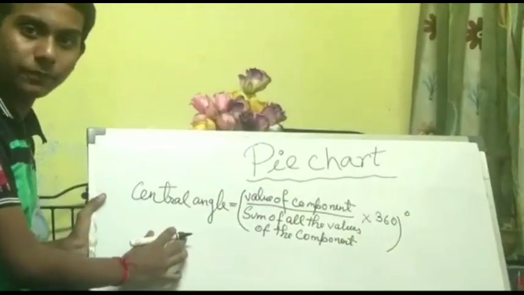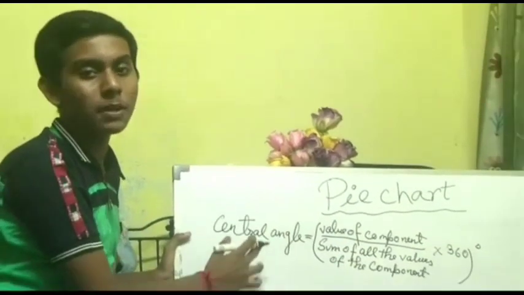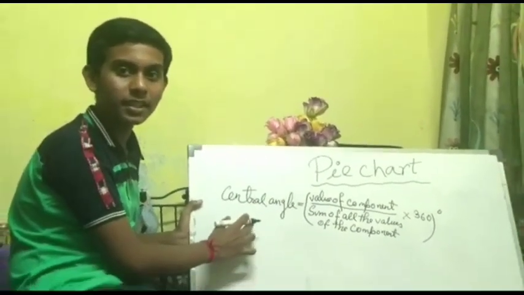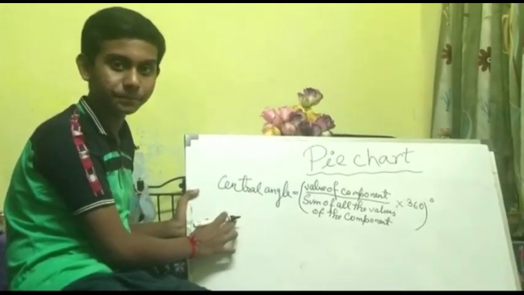This is the formula. See, central angle equals the value of the component divided by the sum of all the values of all components, into 360 degree. This is the formula we have to keep in mind for finding the central angle.